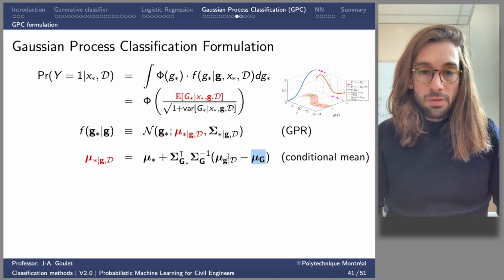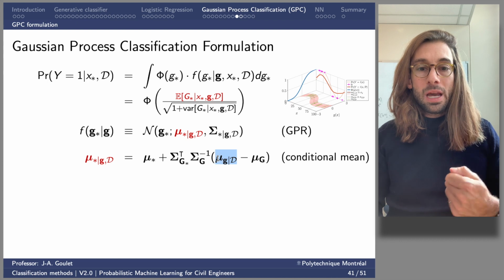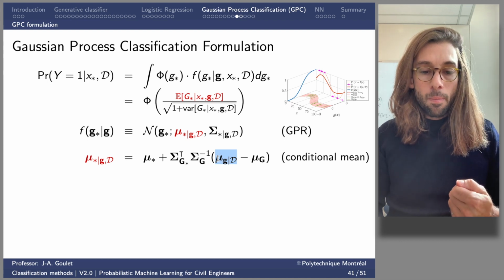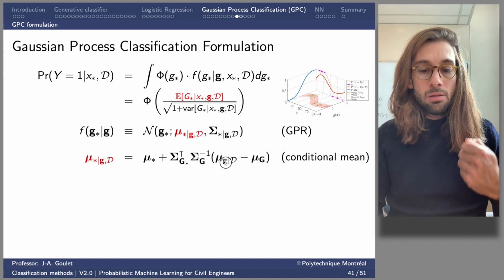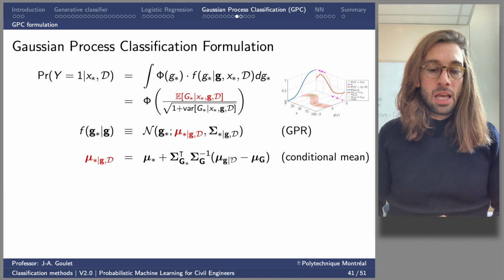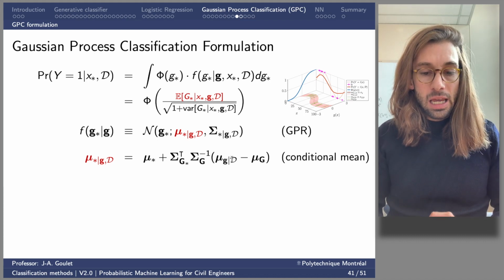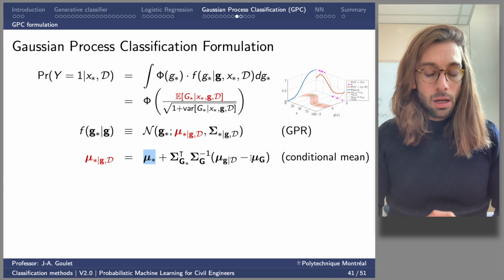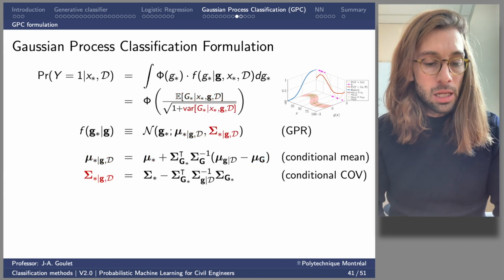And mu G given D is going to be the expected value for my latent observed value given the data. So here, if we assume that this and this is 0, oh no, not yet. We're going to come back to this later on.